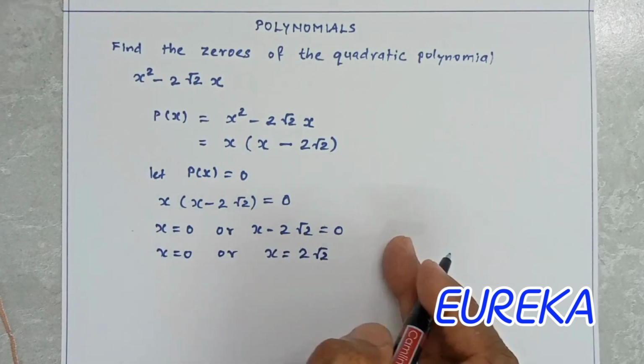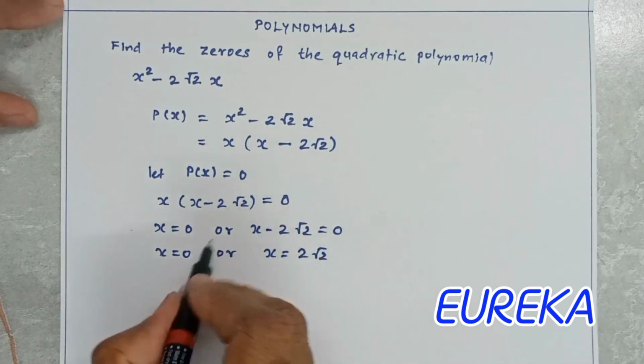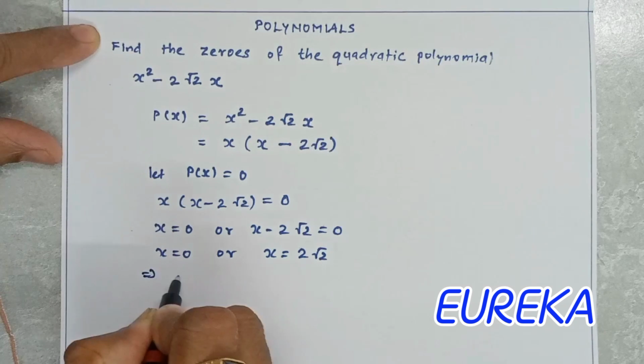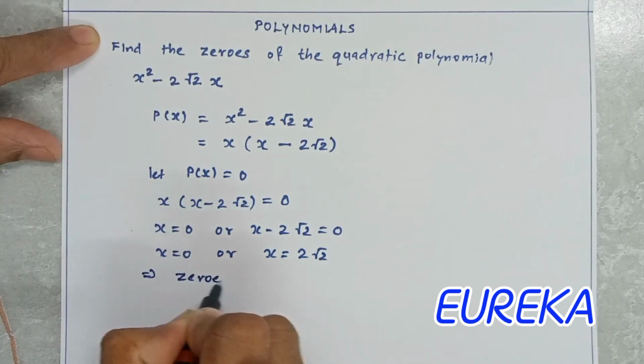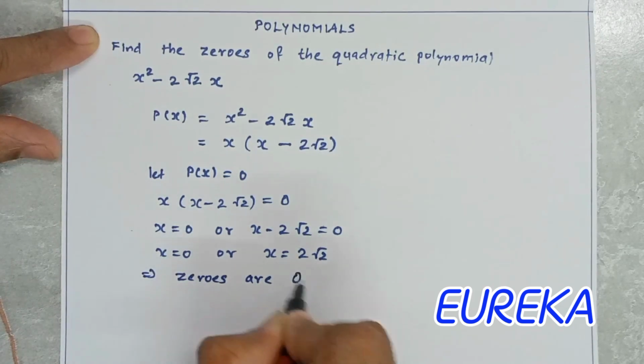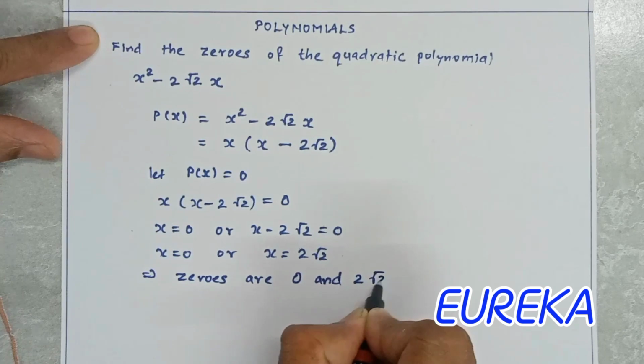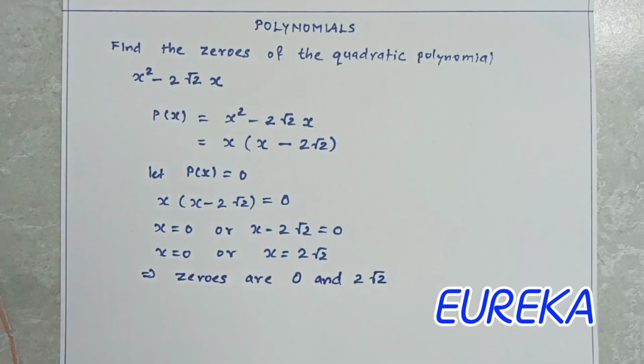We will send this 2 root 2 to the other side, we will get x equals 2 root 2. So these are the two zeros. So we will say the zeros are 0 and 2 root 2. Is it very clear? 0 and 2 root 2 are the zeros.